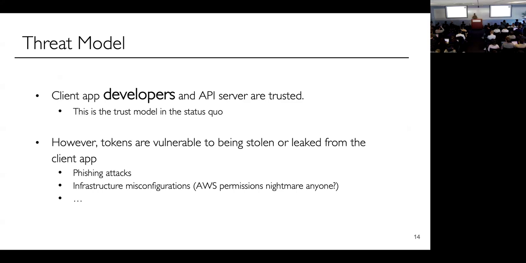I don't know if anyone here has ever tried to configure AWS IAM. That's a huge nightmare. So you can create all kinds of issues in your database there, and tokens get lost. So that's the threat. Okay. And we want to limit the abuse. We want to reduce the power of these tokens to what is required and nothing more, so that naturally you reduce the worst-case damage. Least privilege is fundamentally about a worst-case guarantee.